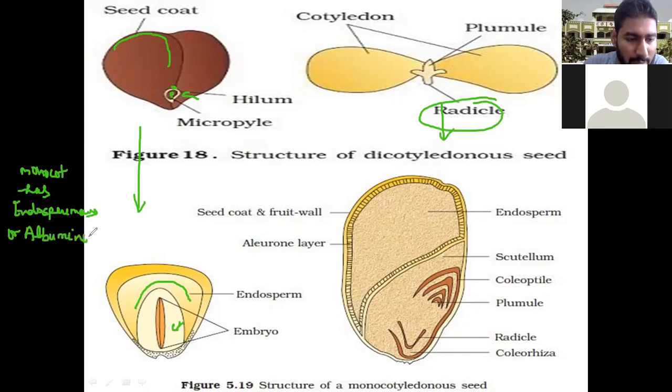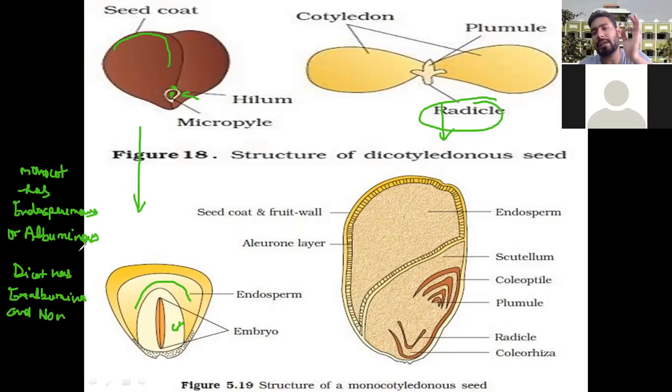Endospermous or albuminous seed. Clear? Monocot has endospermous or albuminous seed. Dicot has ex-albuminous and non-endospermous seed. Why? Because they utilize it during the maturation and germination of the seed.